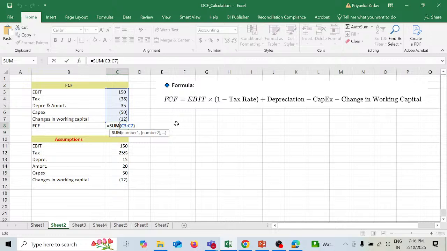So the logic behind this is, firstly, depreciation, if you see, this is a non-cash expense. It will reduce accounting profits, but ideally it doesn't involve any actual cash outflow. For example, a company buys equipment for, let's say, 1 lakh.